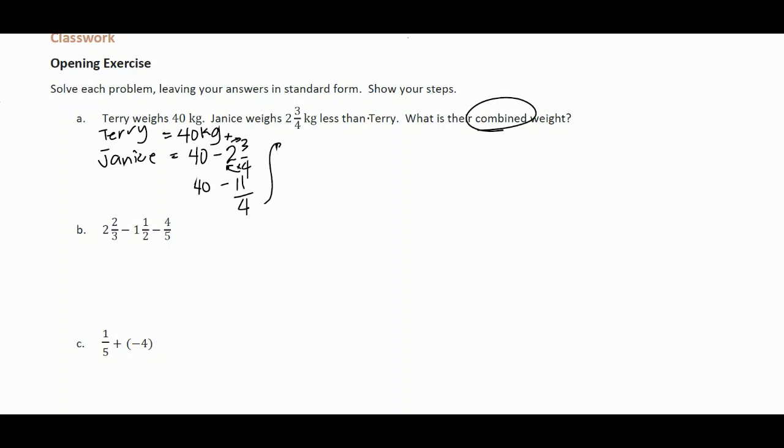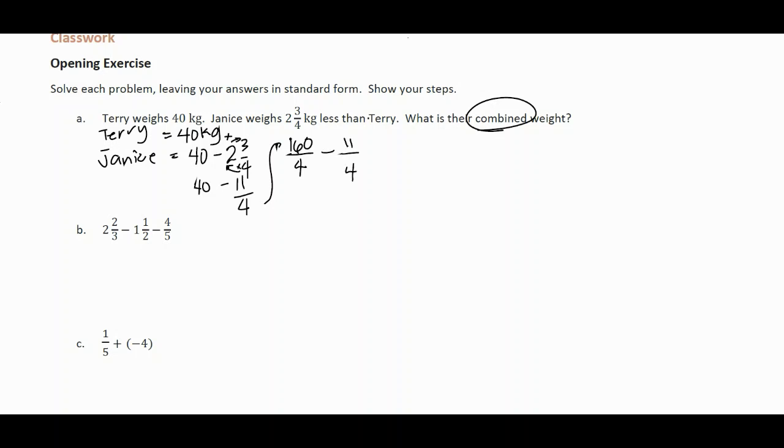Now, whenever you are adding or subtracting an integer and a fraction, what I want you to do is to multiply this integer into the denominator of the fraction. So what is 40 times 4? That will be 160. Never forget the denominator of 4.